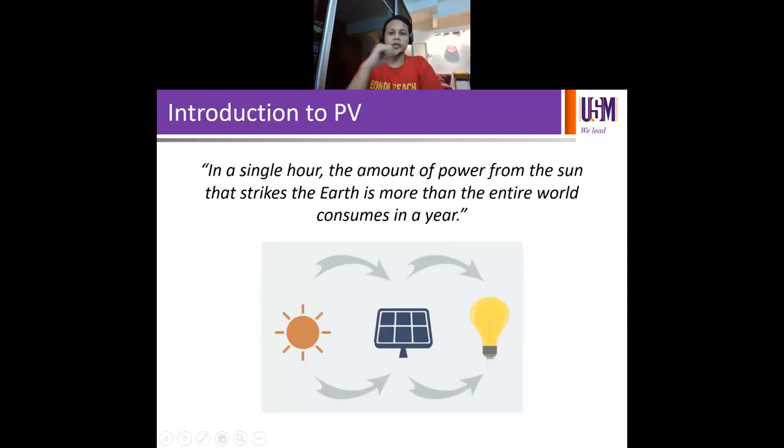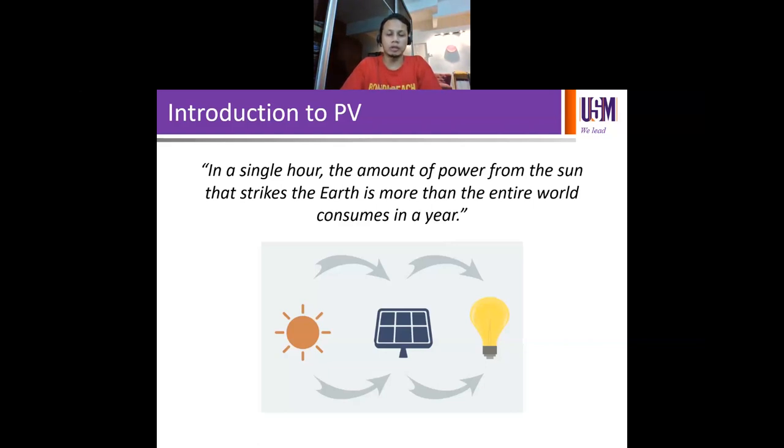All right, introduction. You can see there in 1 hour, the amount of power from the sun that we receive on the earth is more than the entire world consumes in a year. So that's actually how much power we receive from the sun in every single hour. So it's a matter of harvesting the power.